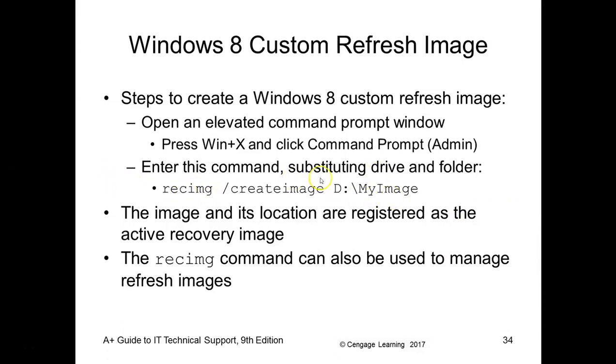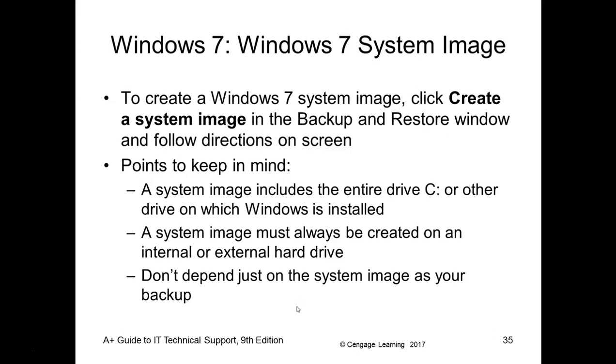When you do that, enter the command recimg, or RECIMG, then /createimage, and wherever you want to store it to. Again, remember, image sizes are going to be large, so make sure you've got plenty of drive space wherever you put this. Then it goes through and creates that image for you. So it pretty much does everything from that standpoint for you.